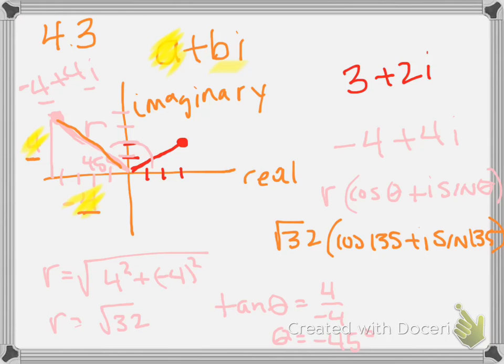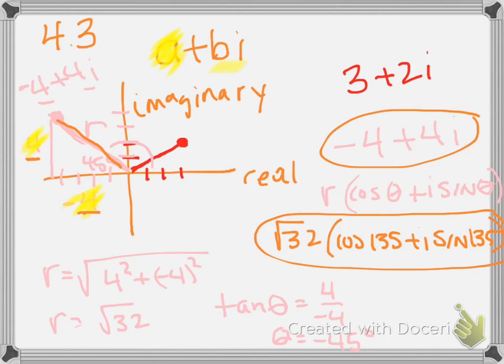So now I've written it in standard complex form, and I've written it in trig form. And that is our goal for today. If you can do that, then you can answer all these questions right here. It's really simple. What picture did I draw? Well, I drew a triangle.